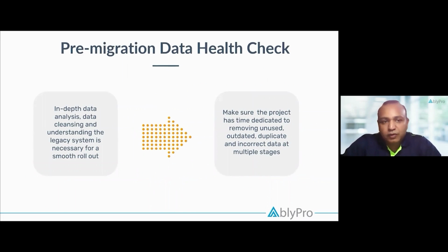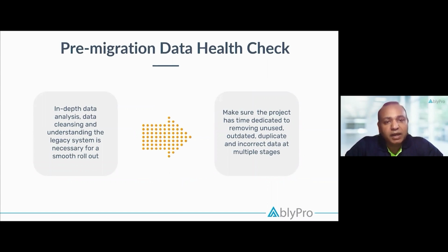So what we should do before doing any migration, very, very important, is a pre-migration data health check. When I say pre-migration data health check, you should do a data health check on both the source system and the target system. So in-depth data analysis, data cleansing, and understanding the legacy system is necessary for a smooth rollout.